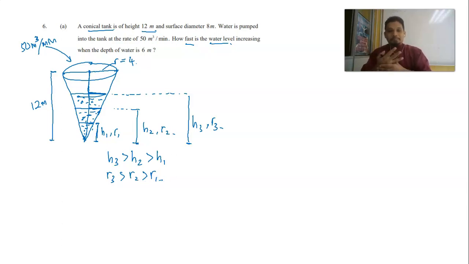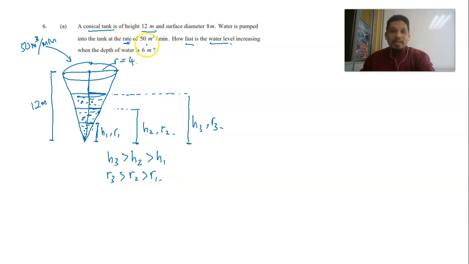Okay, now from the information given here, the water is pumped into the tank at a rate. So class, when I mention rate, we are talking about the changes of something. The water is pumped into the tank at the rate, and it has something to do with time.